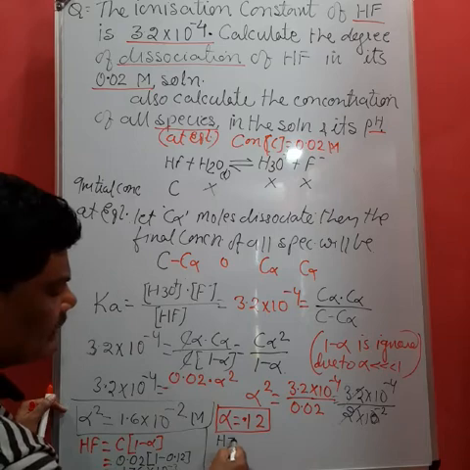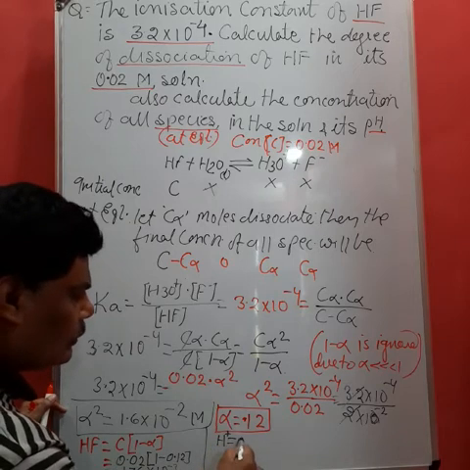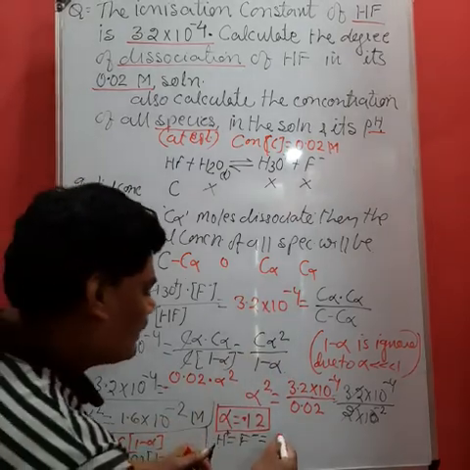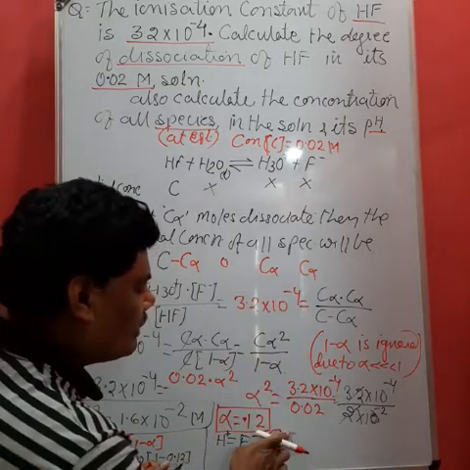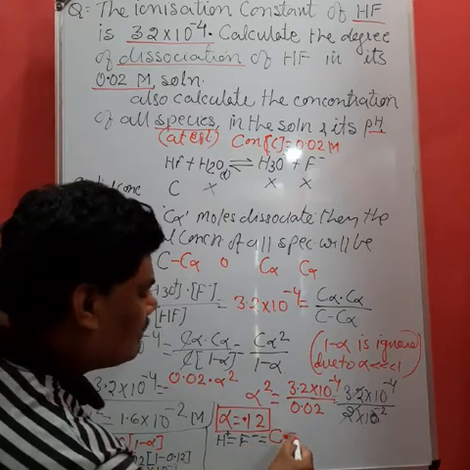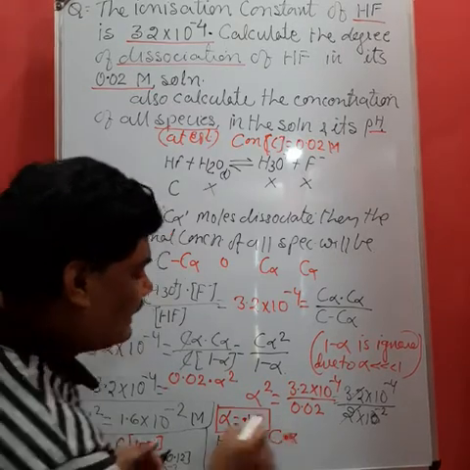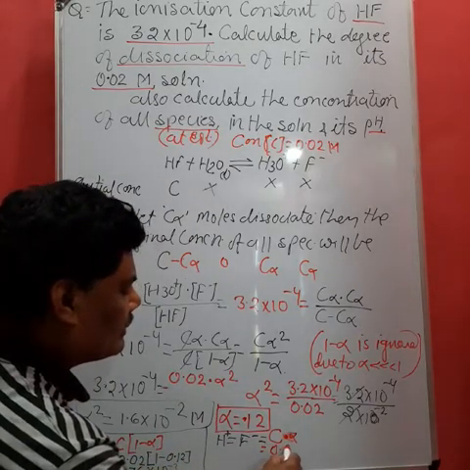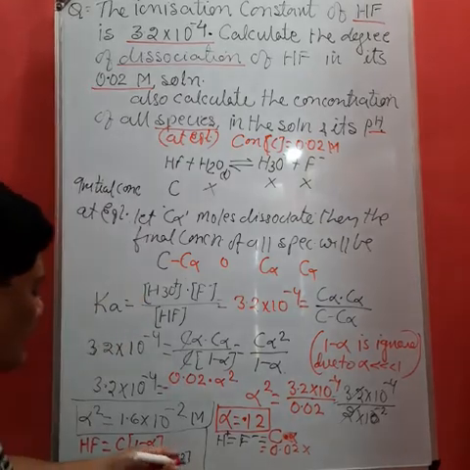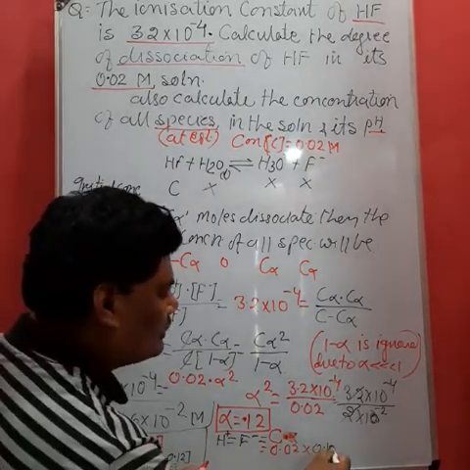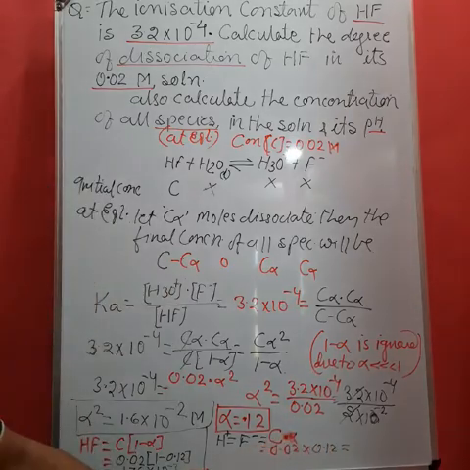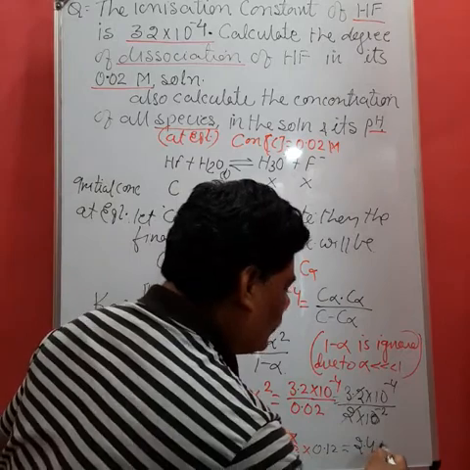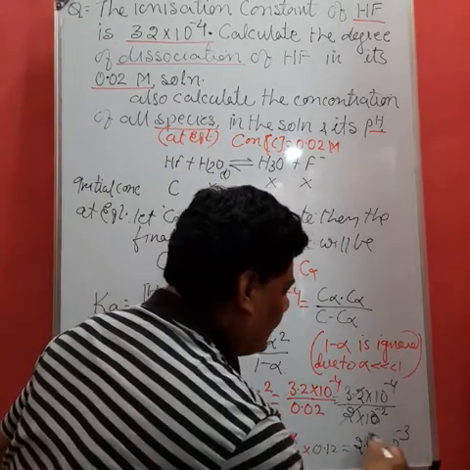The next value: the H concentration is equal to the F minus concentration, which is the concentration multiplied by alpha, the degree of dissociation. So 0.02 multiplied by 0.12 gives 2.4 × 10^-3.